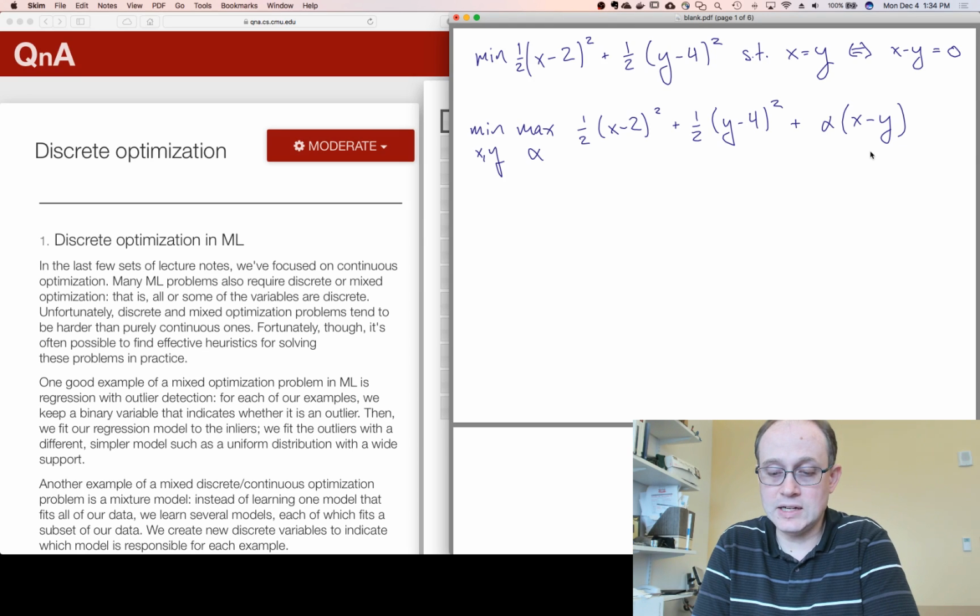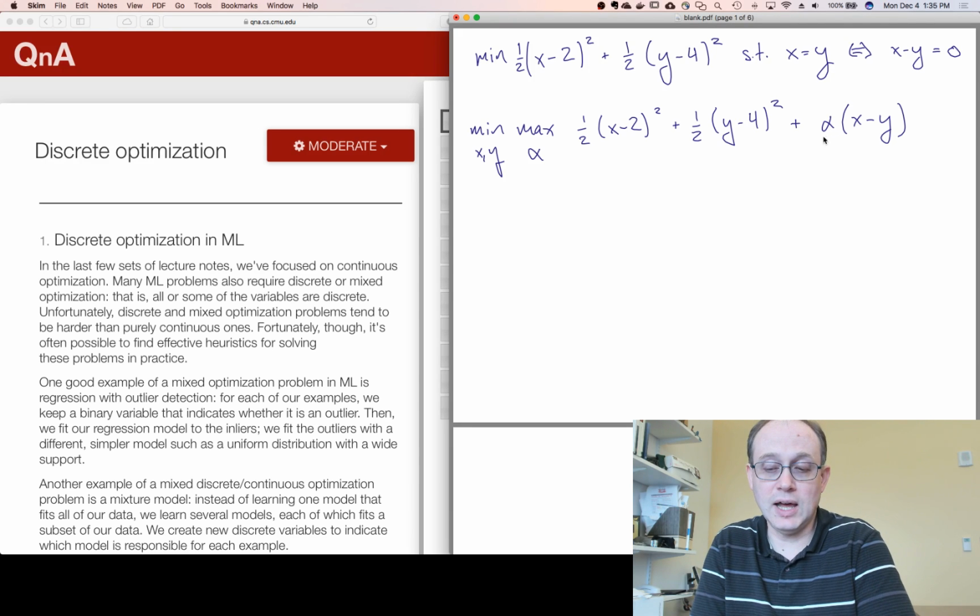And if you remember, the way this works is: suppose the xy player plays x and y that are different. Then x minus y is going to be non-zero, and that means the alpha player can make alpha really, really large, and therefore make the whole thing very positive.